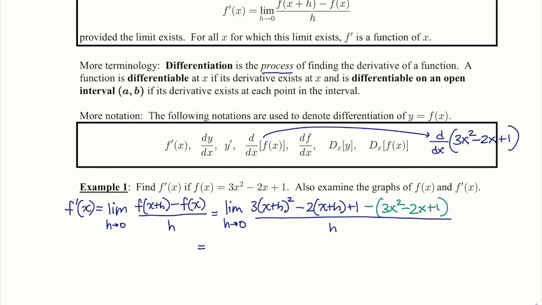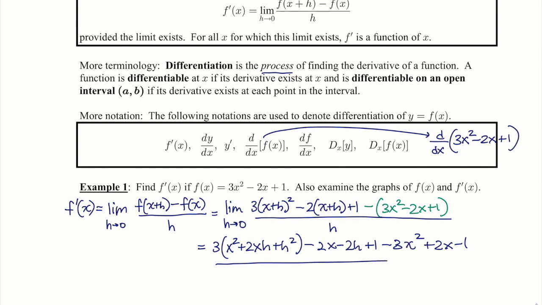And then I want to expand the numerator, and I have my binomial squared, so that will look like x squared plus 2xh plus h squared. Now I'll distribute my -2, and I'll distribute the subtraction, or that factor of -1. And I still have divided by h. Then I distribute the 3.